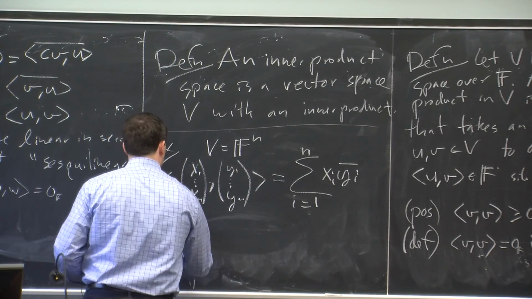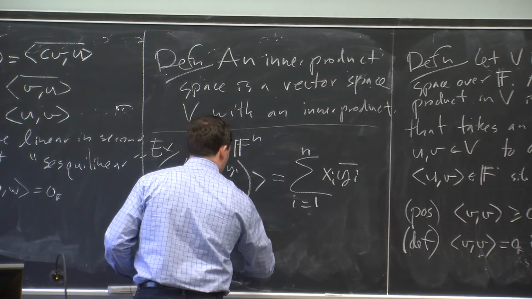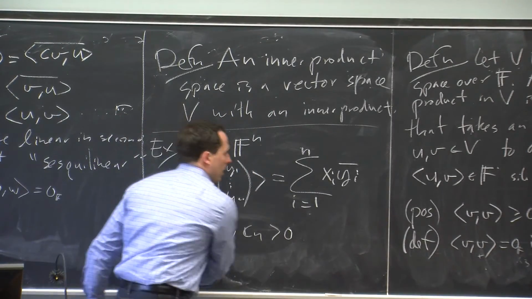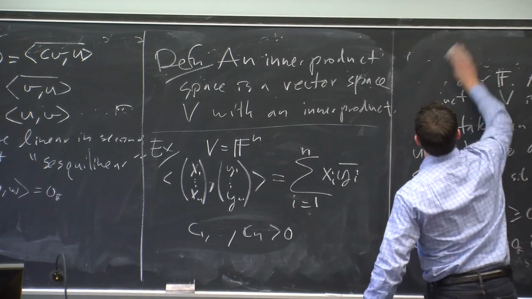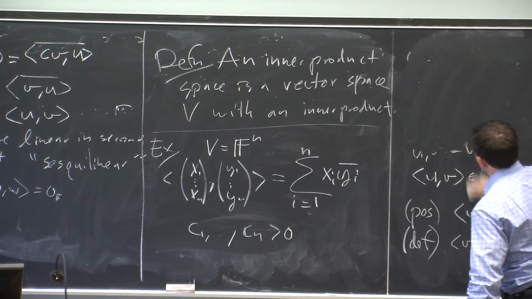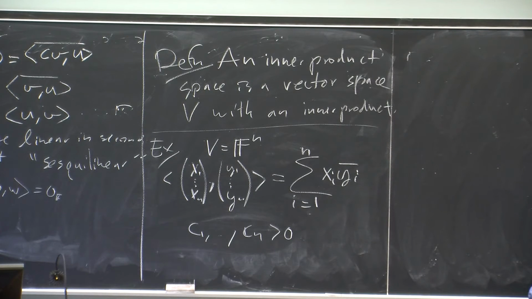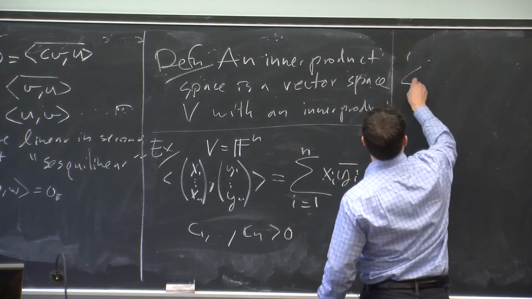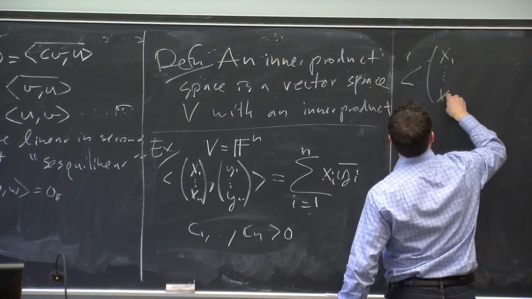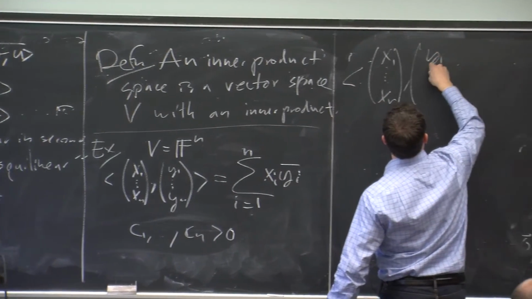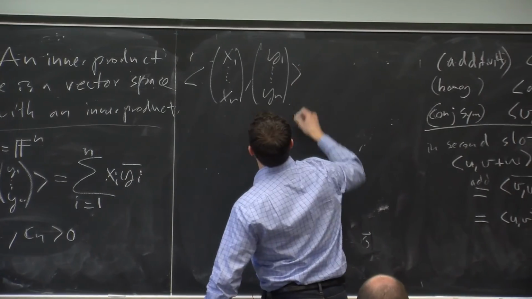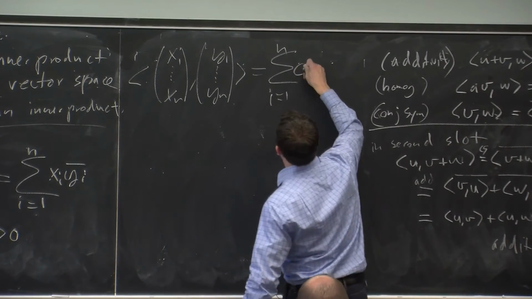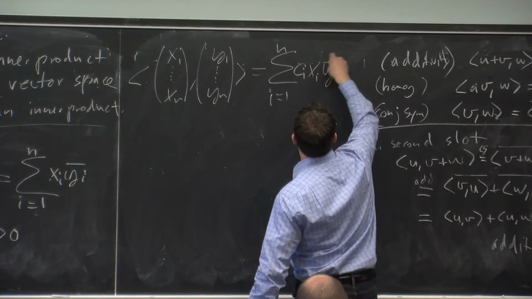So for example, if we let C1 up to Cn be positive real numbers, then I can plug the C's in here, and I can define the inner product of x and y to be the sum from i equals 1 up to n of ci xi yi bar.